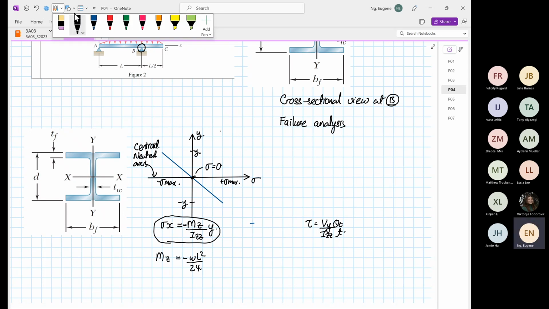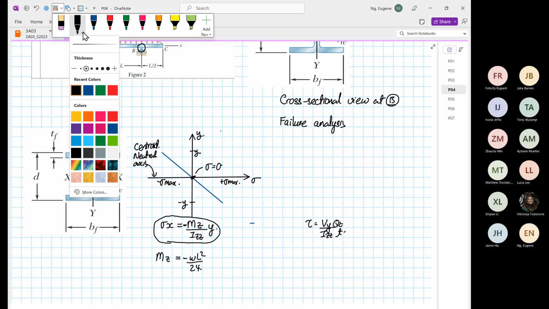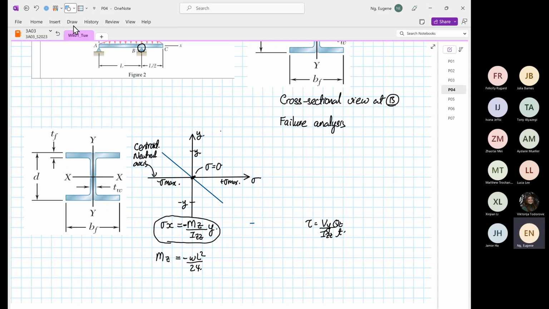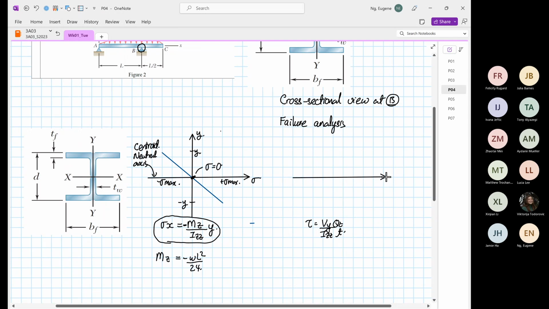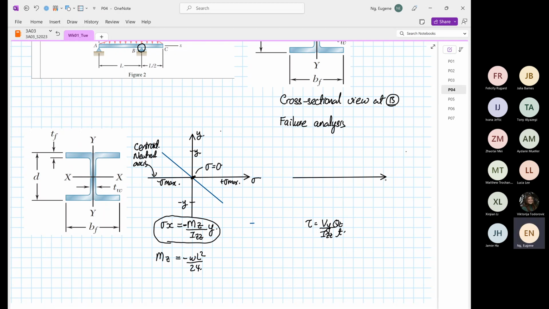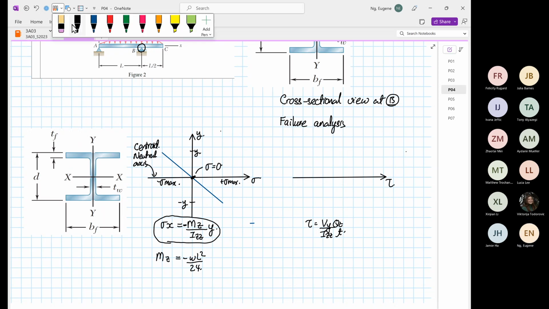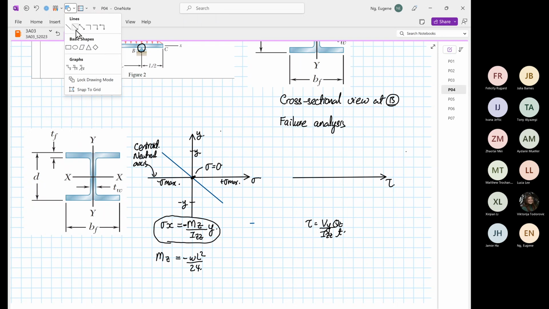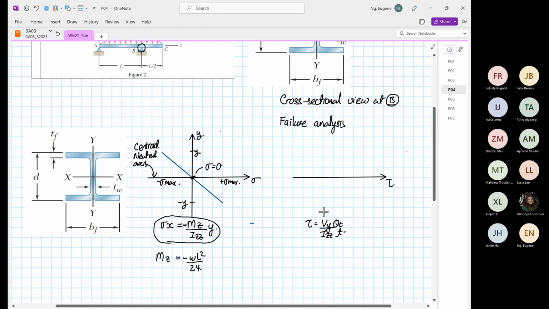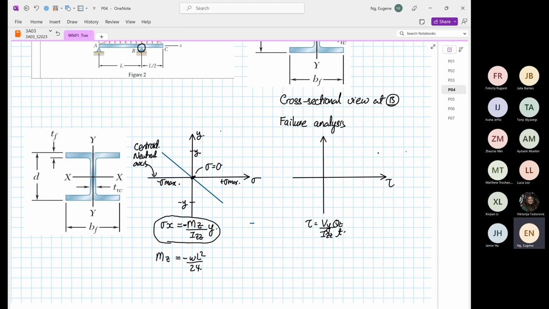Again, this is our shear stress axis and this is our y.